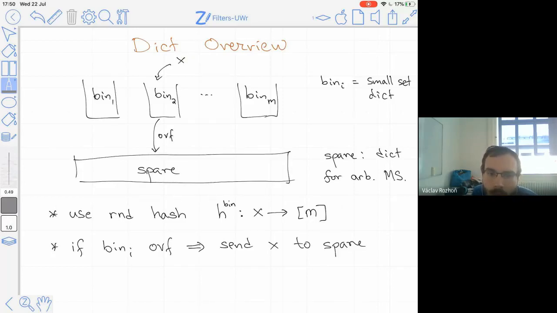So you use a random hash function to map the elements to one of the bins. And once a bin is full, you send x to the spare and you store it in the spare. Okay, let's look at this general architecture for designing a dictionary.